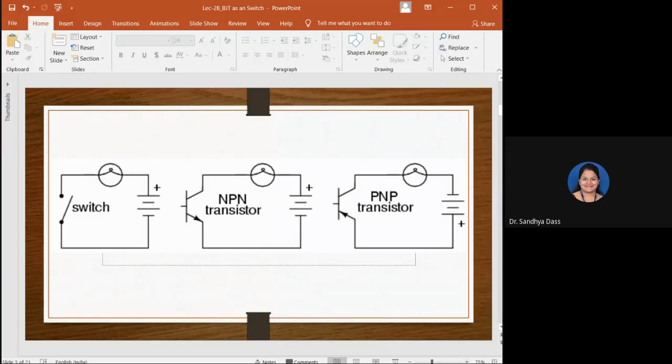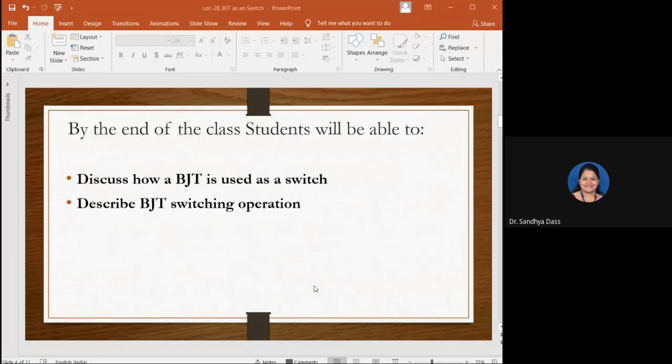All this you will understand as we proceed today. By the end of this class, you will be able to discuss how the BJT is used as a switch, and describe BJT switching operation.